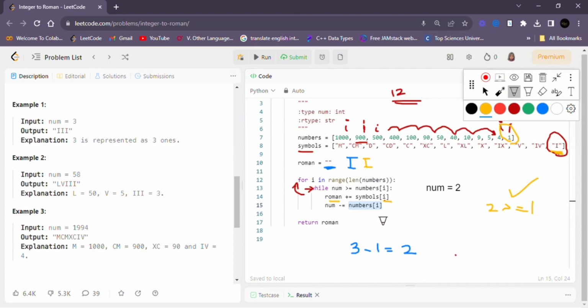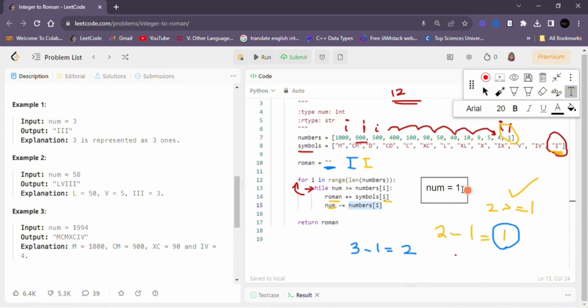Again it subtracts numbers of i, which is 1, from num. We have num 2, and 2 minus 1 leaves 1.